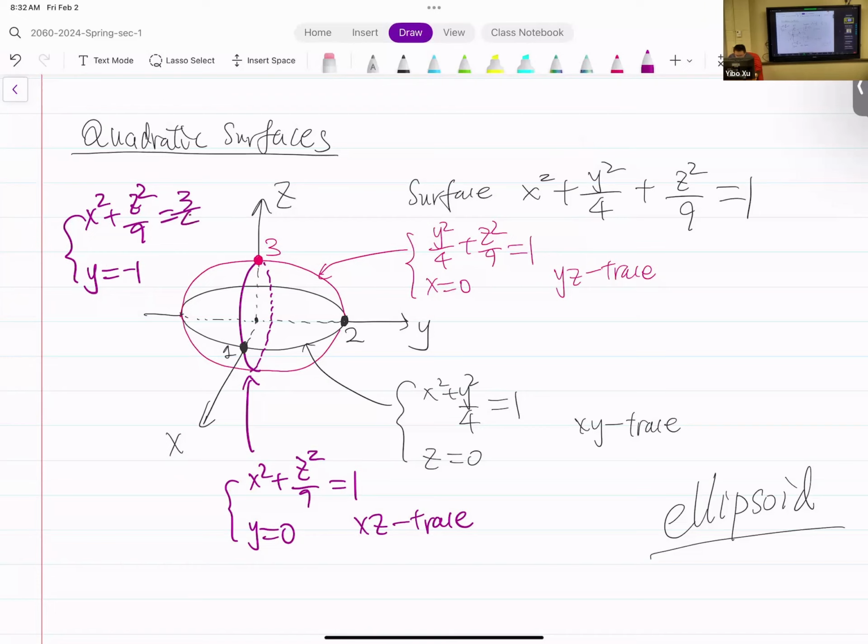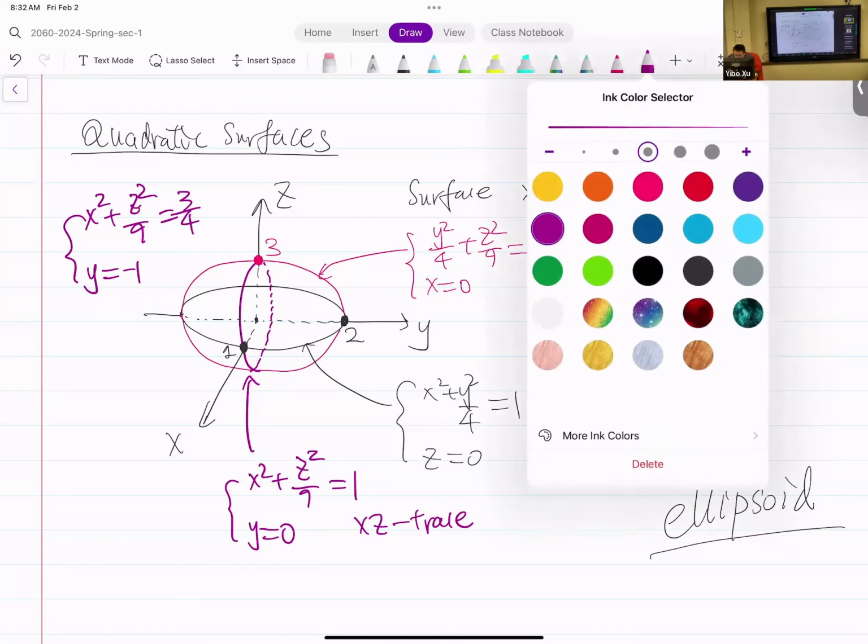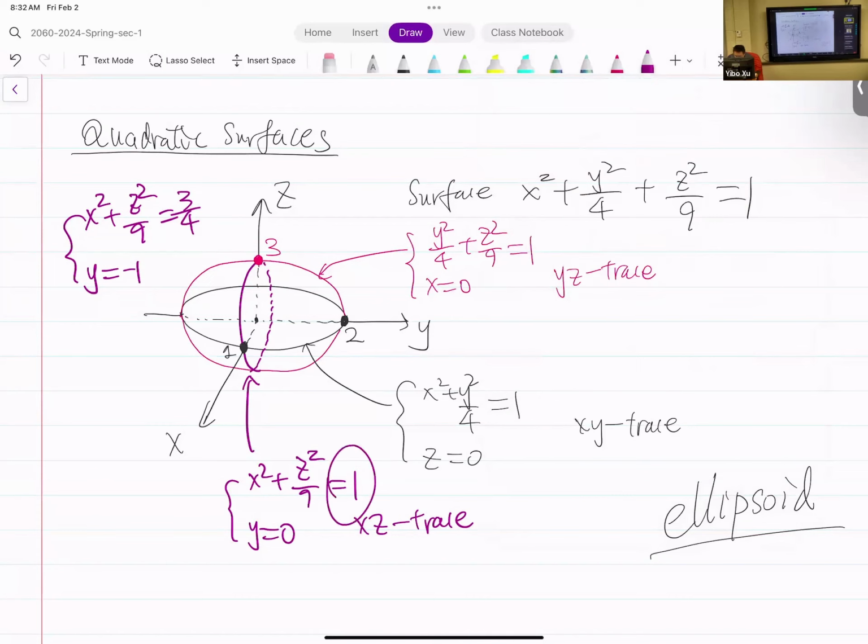So that's just comparing with this one. The constant right here is smaller, right? The xz trace has a right hand side of 1. But now when we have y equal to -1, the right hand side is smaller. That tells you the shape is exactly similar, but the ellipse is just smaller. Which is expected, right?